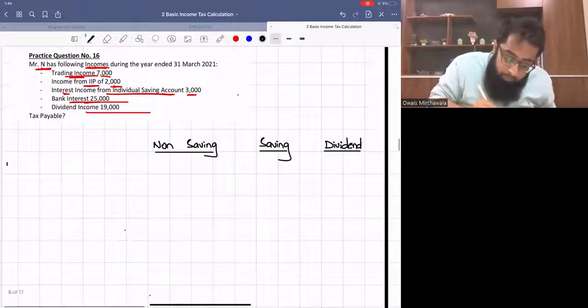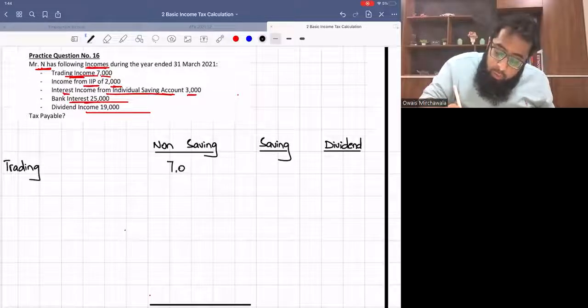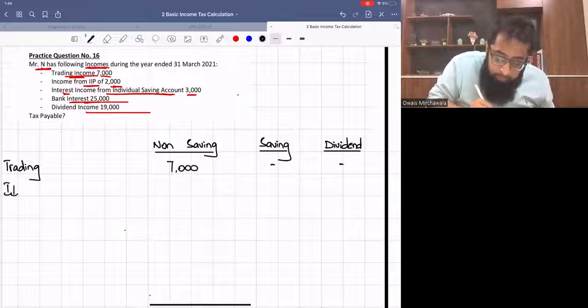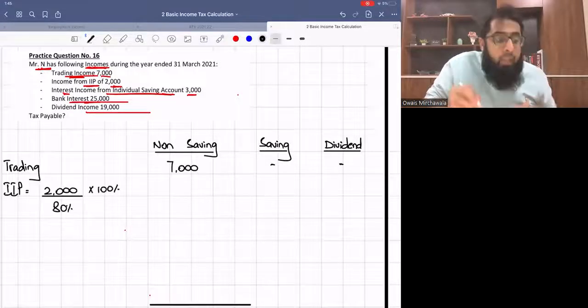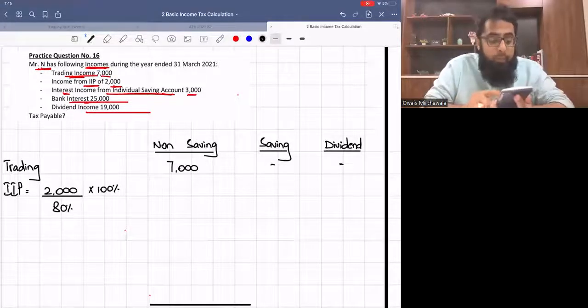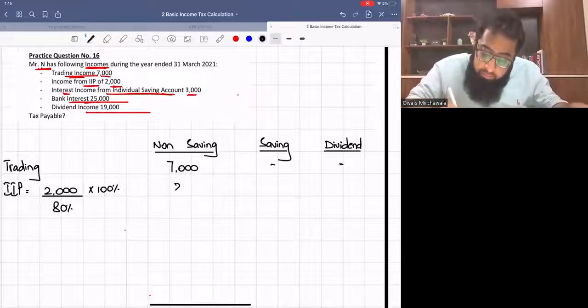Now, trading income goes in non-saving, 7,000. IIP also goes in non-saving, but there is 20% withholding. So we will gross it up by dividing by 80% and multiplying by 100%. So the gross amount will be 2,500.